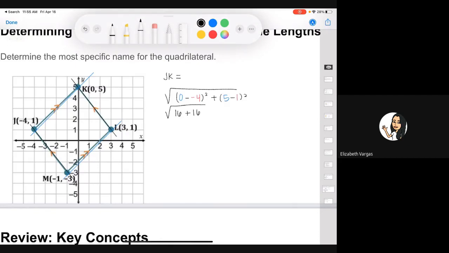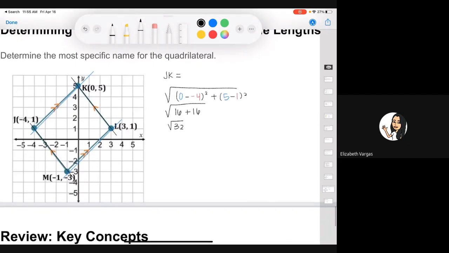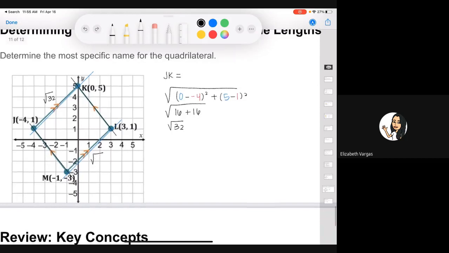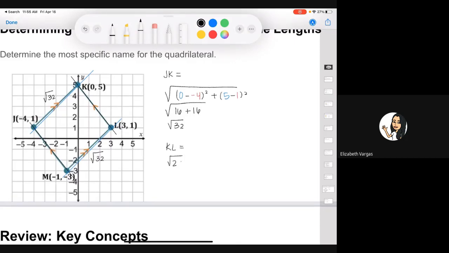That's 16, 16, which is 32. And so whenever you test all of them, you'll see that this is also 32. This is 32. And then when you test the other side, the KL side, you do the same thing. You plug those points in the distance formula, and you'll see that those are equal to 25.